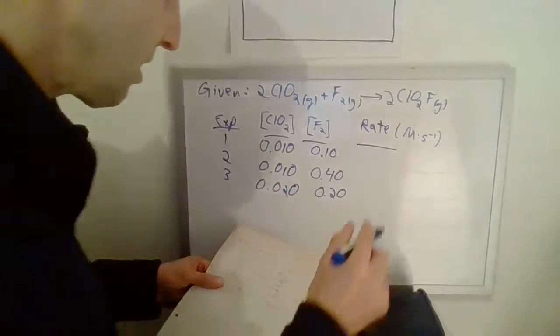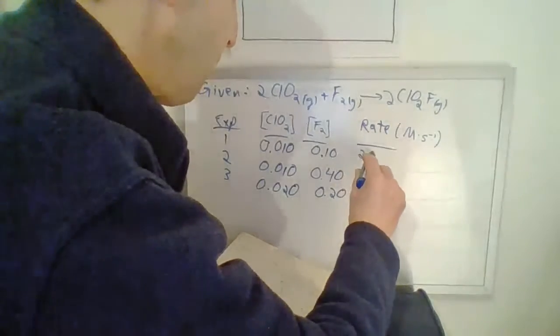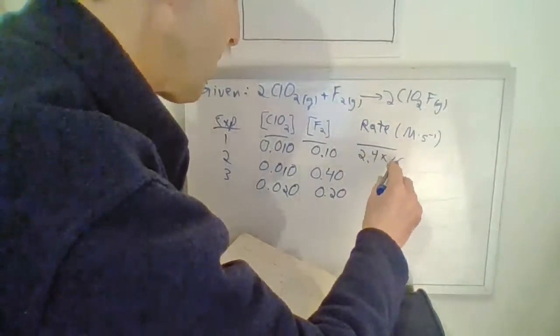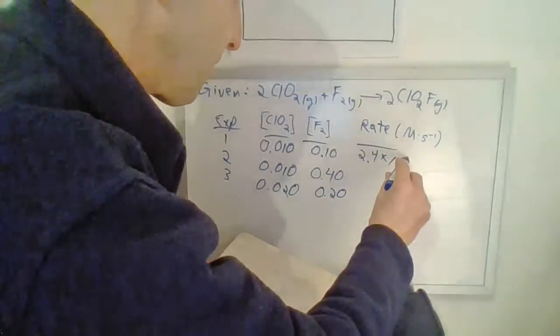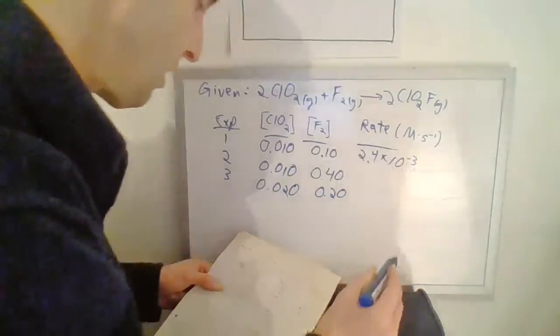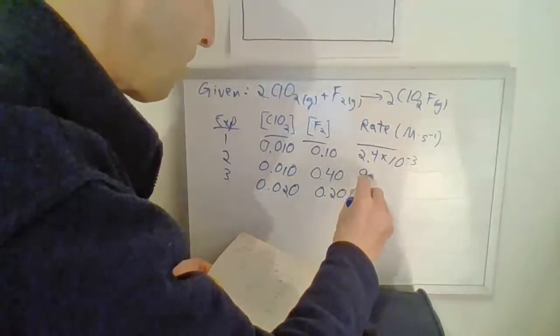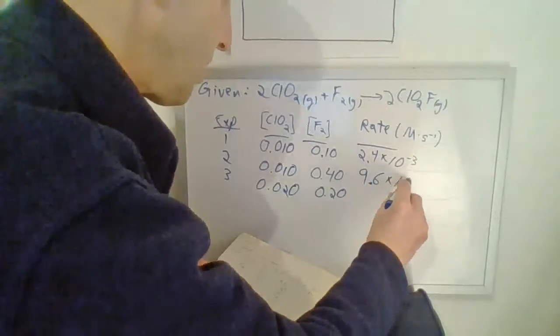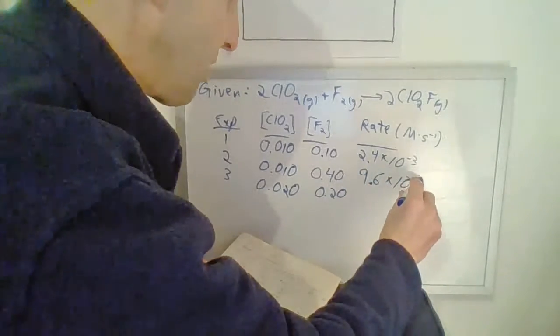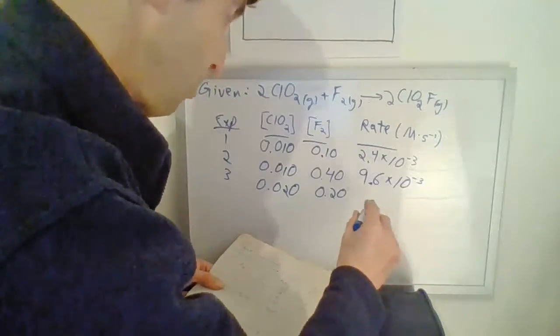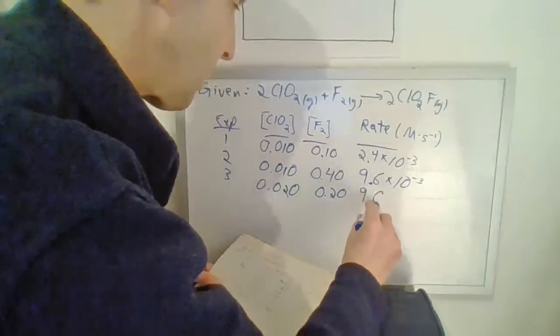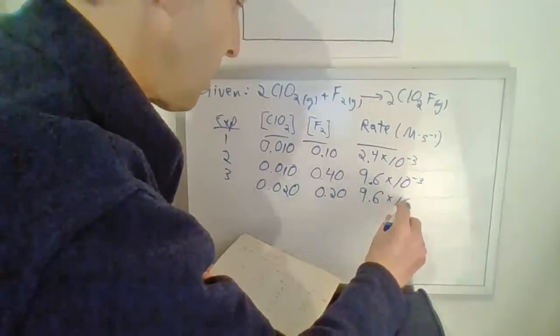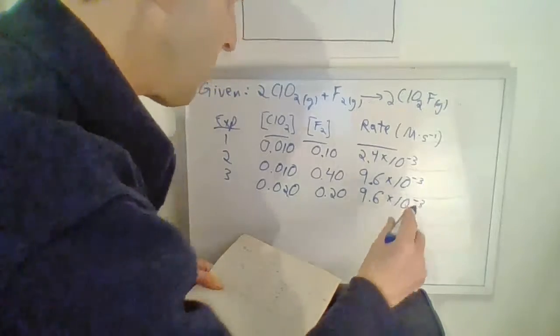Now the rates are 2.4 times 10 to the negative third. The next one, 9.6 times 10 to the negative third. And the third one, 9.6 times 10 to the negative third.